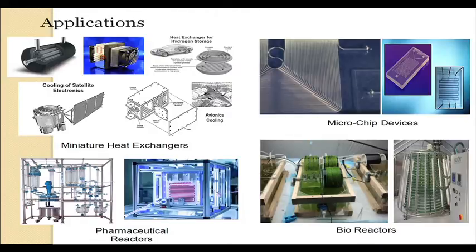Therefore, there has been an increased need of studying two-phase flow and heat transfer through microchannels, because of the rapid development of microscale devices which are used for several engineering applications. These microscale devices pertain to medical devices, high heat flux compact heat exchangers as I have shown in this slide, and cooling systems of various types of equipment such as high performance microchips, electronics, supercomputers, high powered lasers, and so on and so forth.